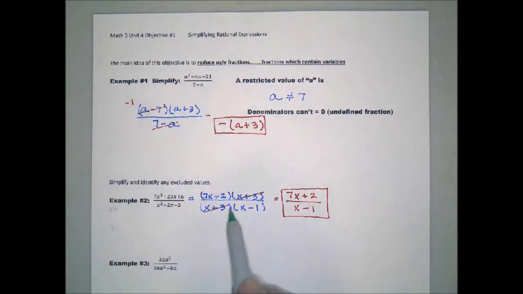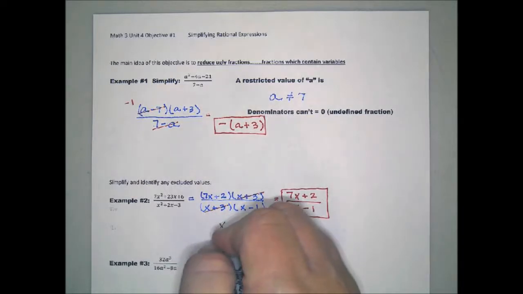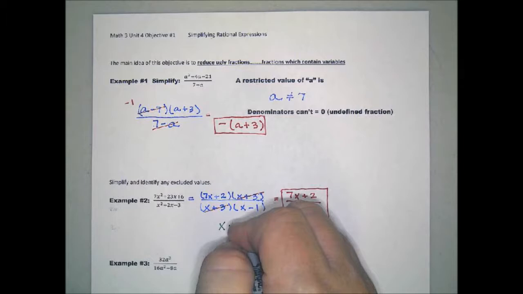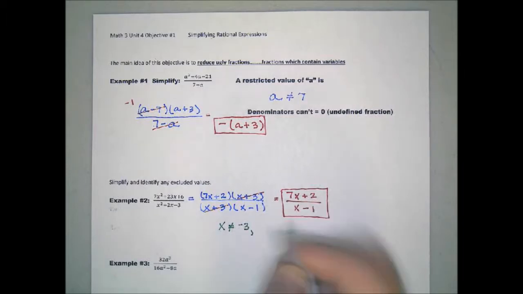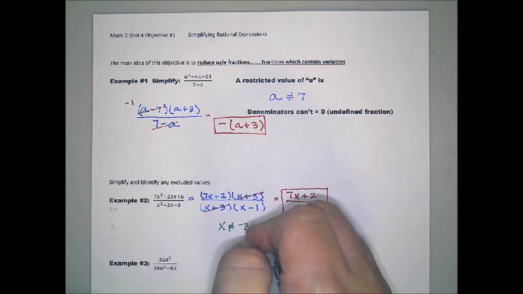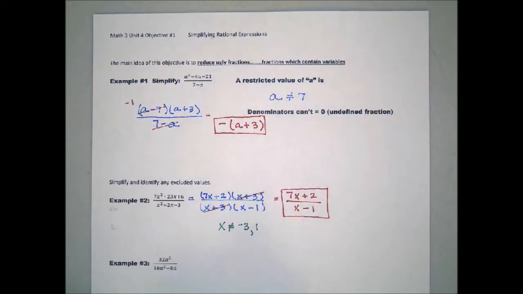Go back and look at our factored form of the denominator, and that'll tell you what our excluded values are. If our factors are x plus 3 and x minus 1, then we know x cannot equal negative 3, because that would make a 0 right there. And we also know it can't equal positive 1. So those are my excluded values in the problem.